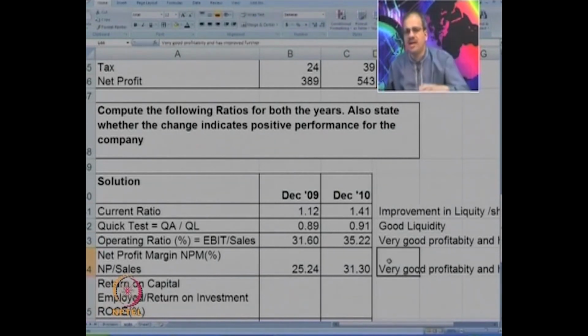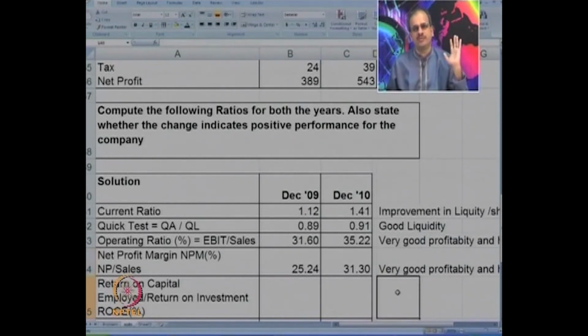So, I am trying to say a very good profitability position again has improved further. Both EBIT and NPM are trying to measure profits. However, EBIT looks at it at operating level, NPM or net profit margin gives you the final profitability.